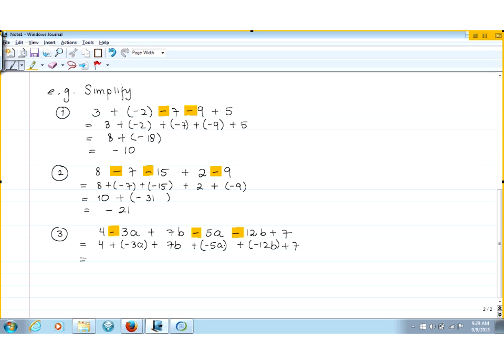We have -3a plus -5a. What is -3a plus -5a? -8a. Okay. Now let's do the b. 7b plus -12. So what is 7 plus -12? -5b? Yeah. And the last one? Plus 11. Yeah.